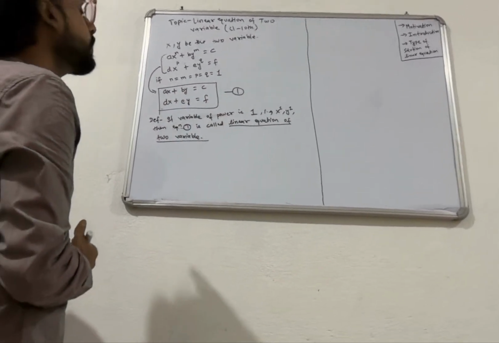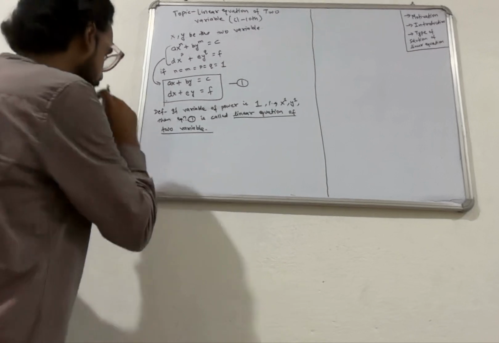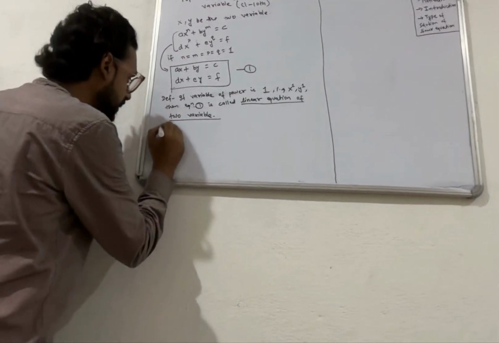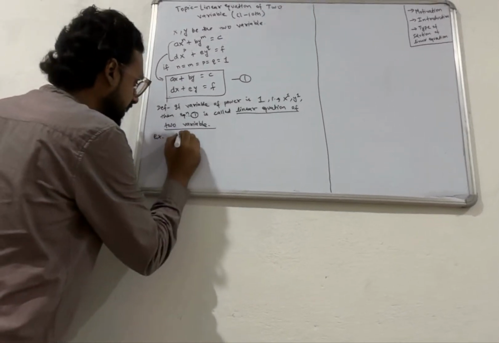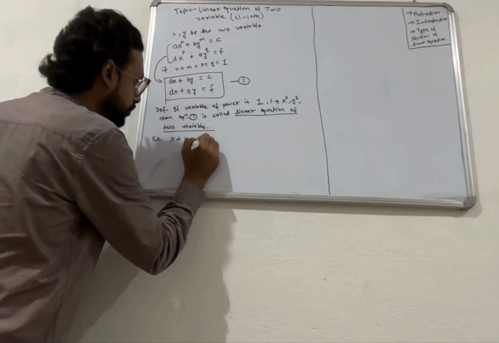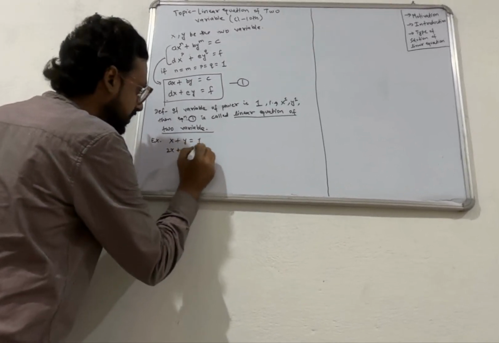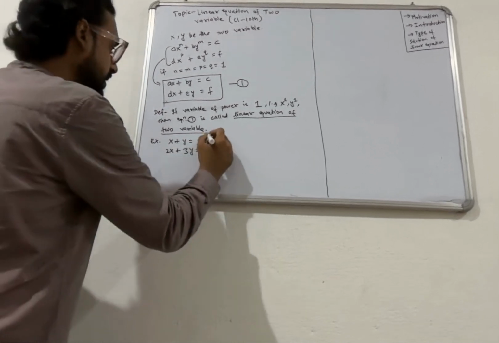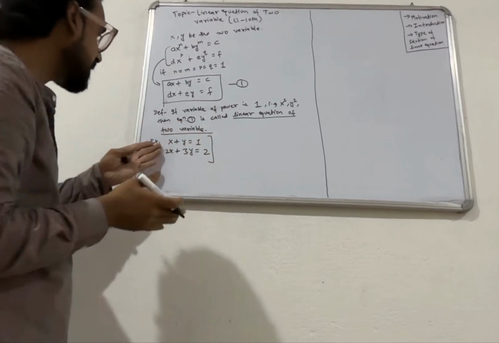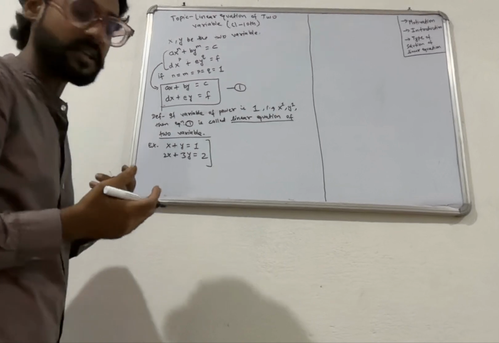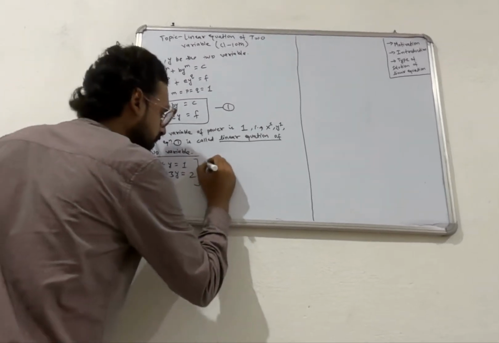So we are going to the next part, the example. We can take the example x plus y is equal to 1, and another, 2x plus 3y is equal to 2. These are linear equations of two variable. Why? The question is why.